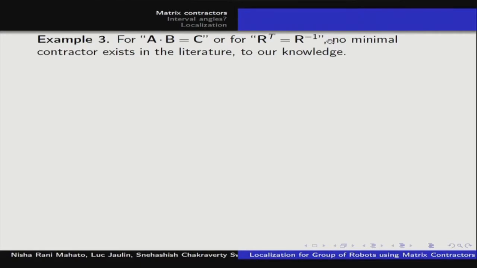For this type of constraint, which is important for our application, at the moment we don't have efficient contractors. It would be important to have them, but probably it's not so easy, and computing the minimal contractor for this would be an NP problem.